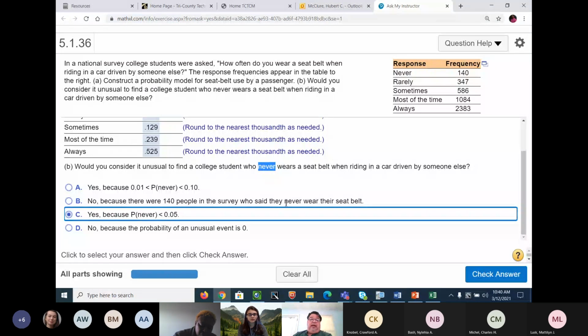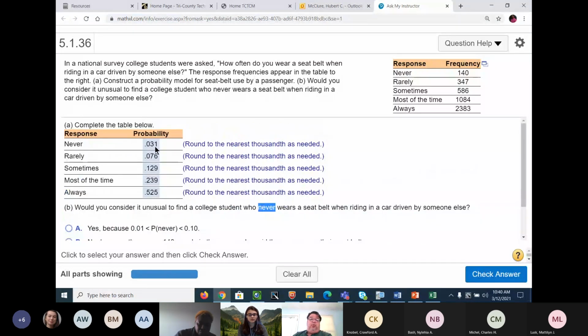Now I want you to write that down. 0.03. And why did I not care about the 1? When you're testing if it's normal or unusual, just use cents. This is 3 cents. This is 8 cents. This is 13 cents. This is 24 cents. This is 53 cents. Just mentally think of those numbers as cents, and then compare it to 5 cents, compare it to a nickel. 8 cents is greater than a nickel, so that would be normal.